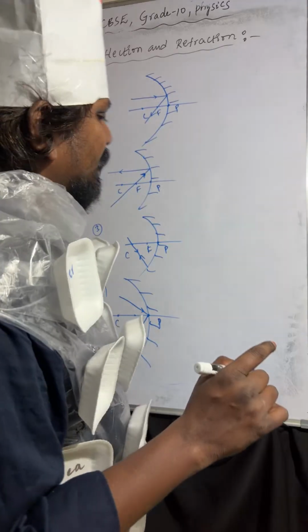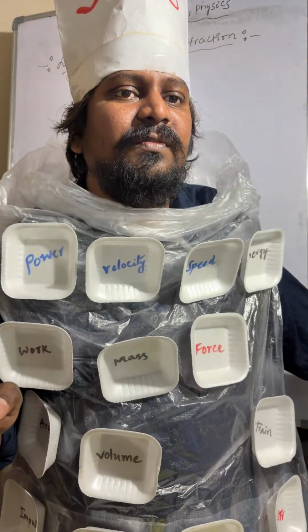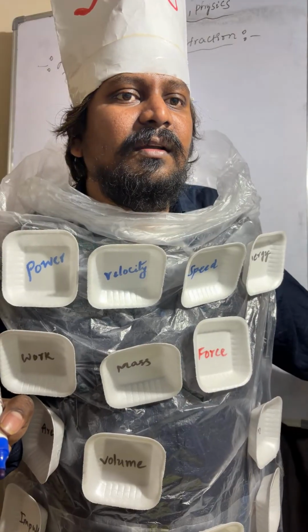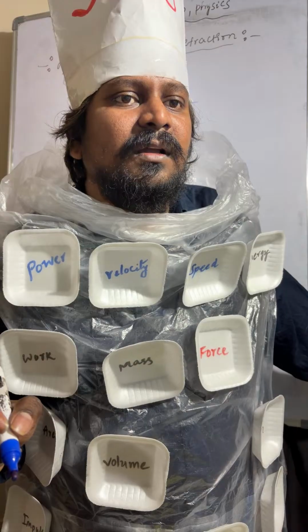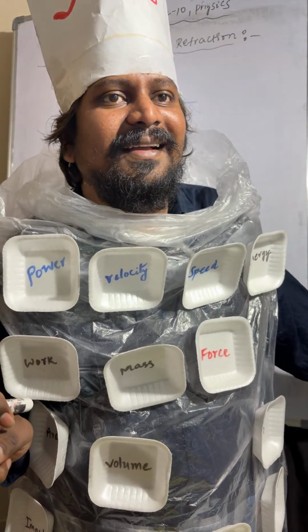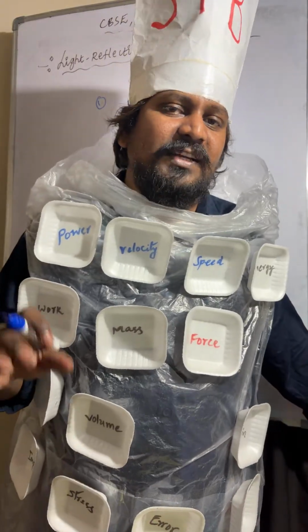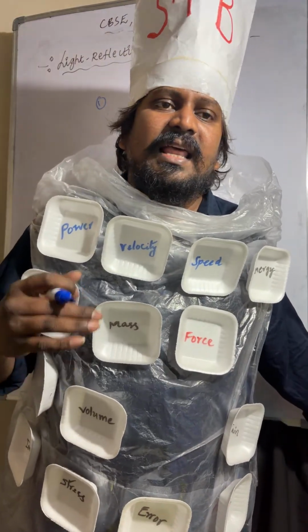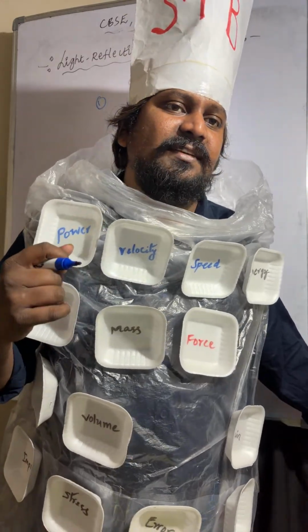So observe carefully. If the light ray is coming from infinity, after reflection it passes through focus. If the light ray is passing through focus, after reflection it moves towards infinity.